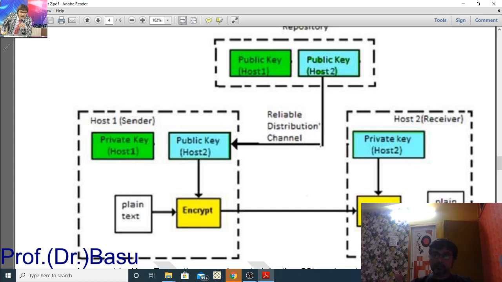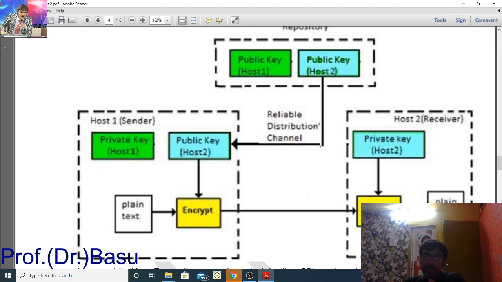So each and every person agreed to communicate with a secure system using this cryptosystem will have two keys: one is the public key and the other is the private key.